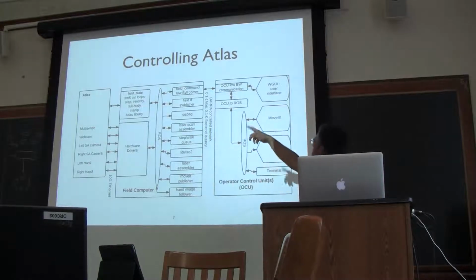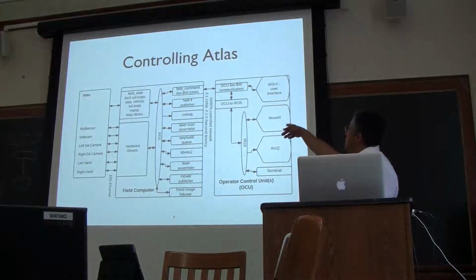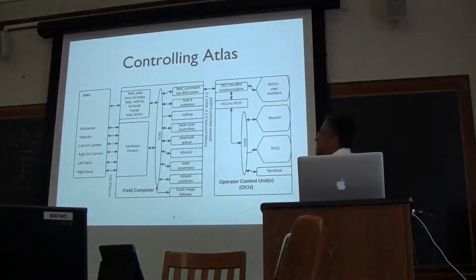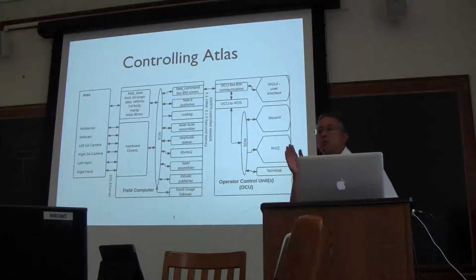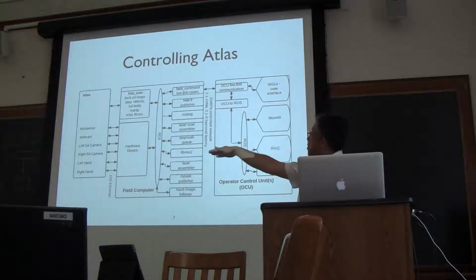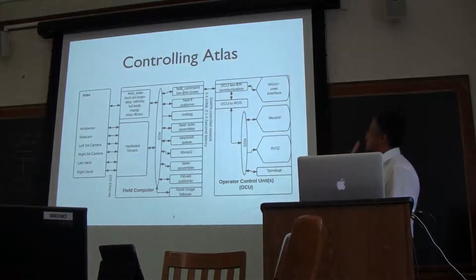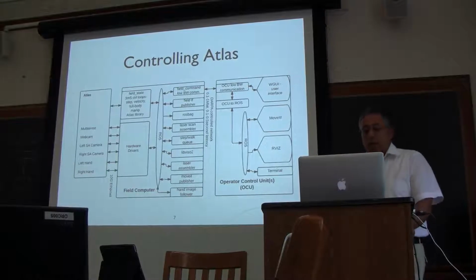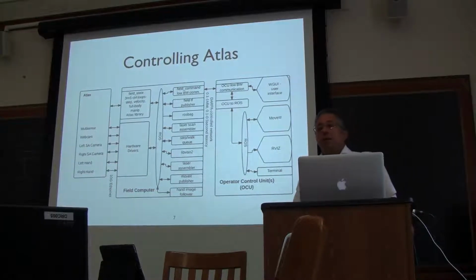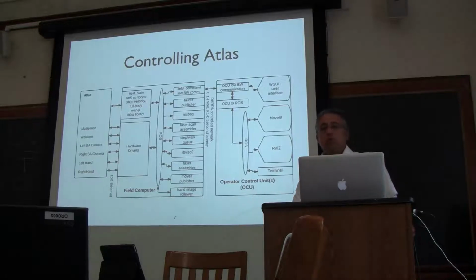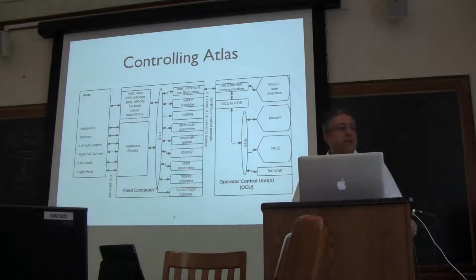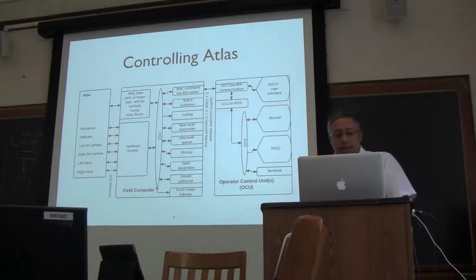There are two key blocks here, labeled field command and field state. They handle the communication from the field computer to the robot Atlas, and from the field computer to the OCU. This helped us a little because in our program we teach Robot Operating System, so we were able to bring our students up to speed with what needs to be done and how it is done.